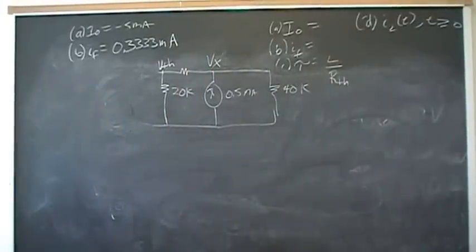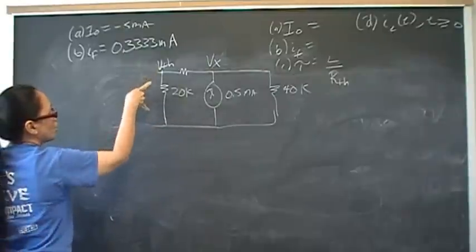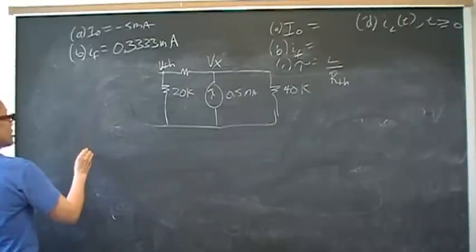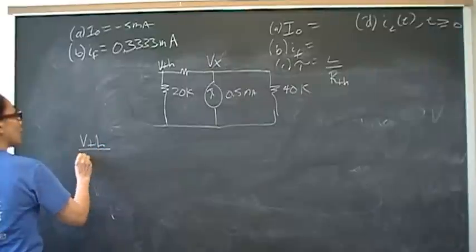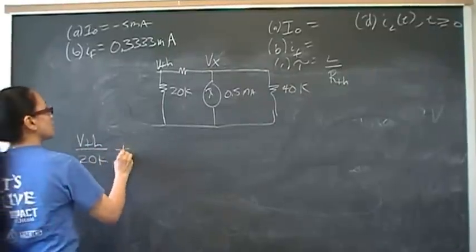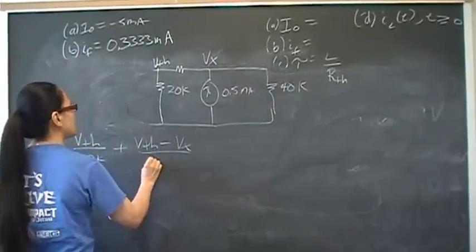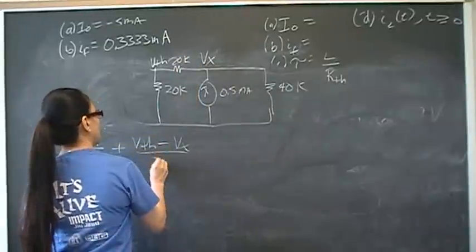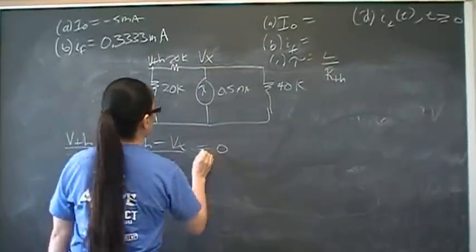We're going to do node voltage again. We opened the inductor and we're looking in here to see what's the resistance seen by the inductor. So the node voltage at V Thevenin is V Thevenin over 20K plus V Thevenin minus Vx over 20K, and that's equal to 0.